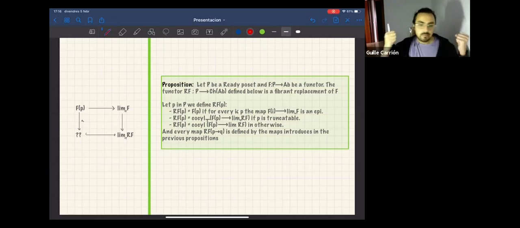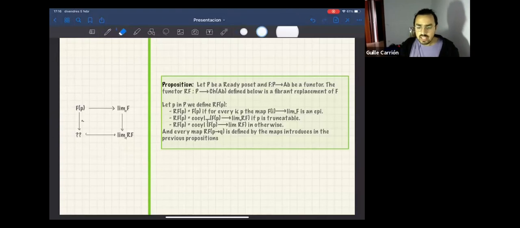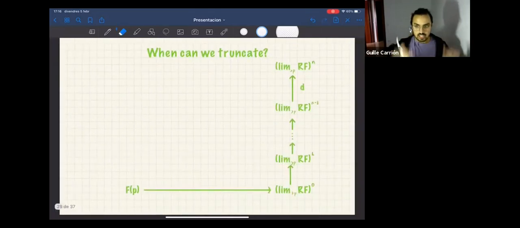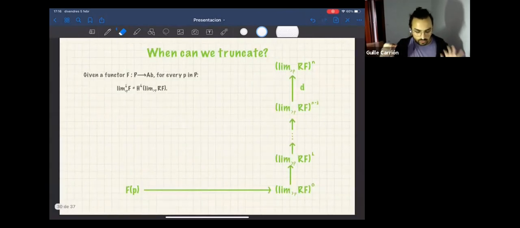If not, then the usual or traditional mapping cocylinder. And the maps are given by composition of the maps introduced in the previous proposition. So we reduce our problem to the case where we can truncate. Here is our diagram, and we have to check two things.